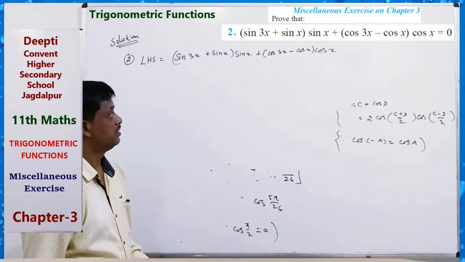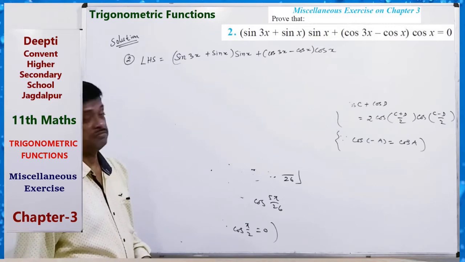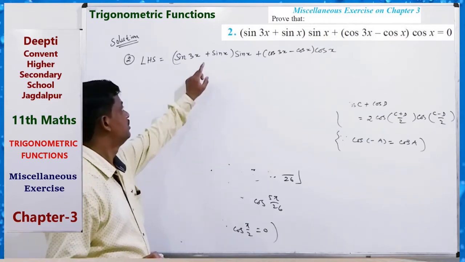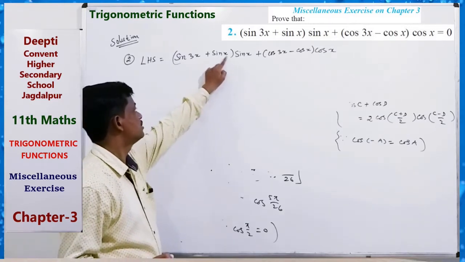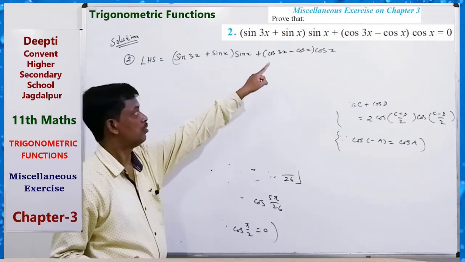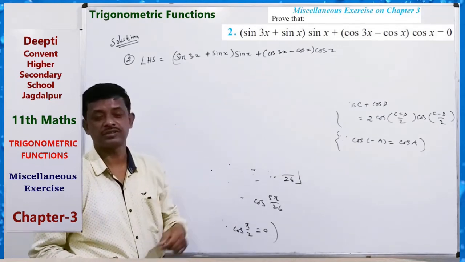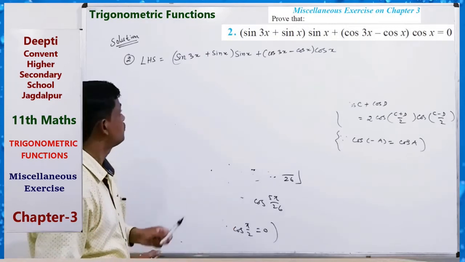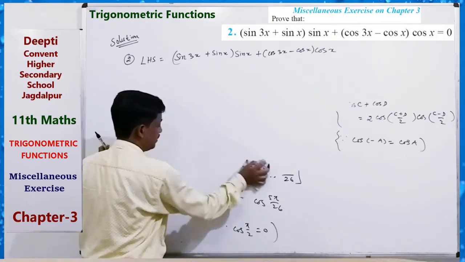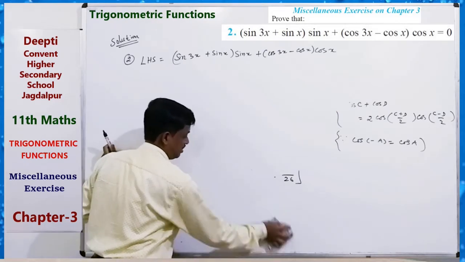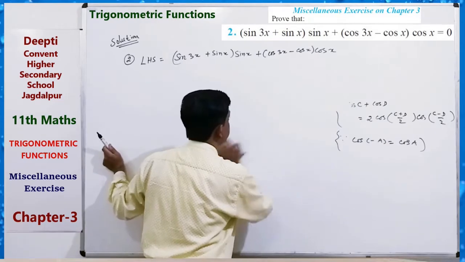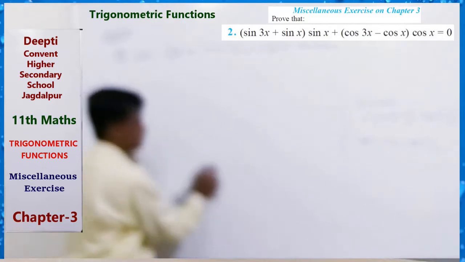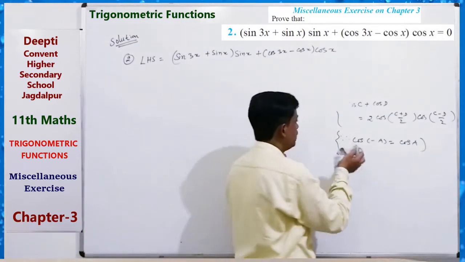We know the formula. But here, because of sin square, cos square, sin square minus cos square, that is minus cos 2x, we can use that. So here we can just multiply and then solve.